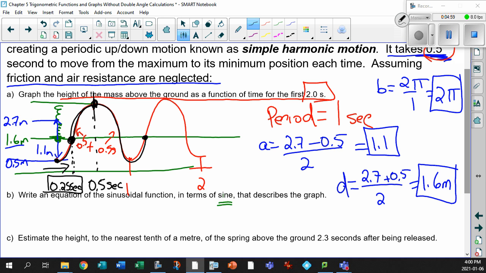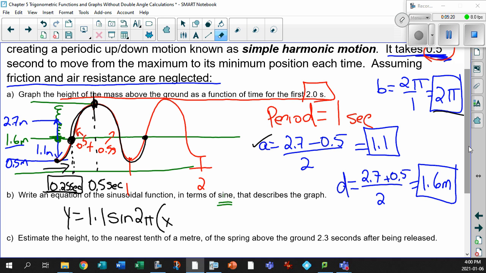Now we can write the proper sine function. Okay, y equals your a value, 1.1, sine, your period, 2 pi, your b value, 2 pi. Bracket, x, you shifted 0.25 to the right. So, we want this in terms of time, so I'm going to put it as time.